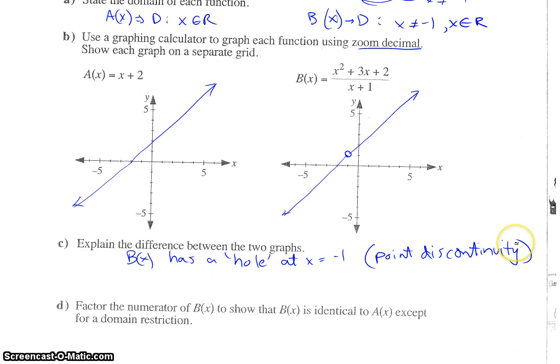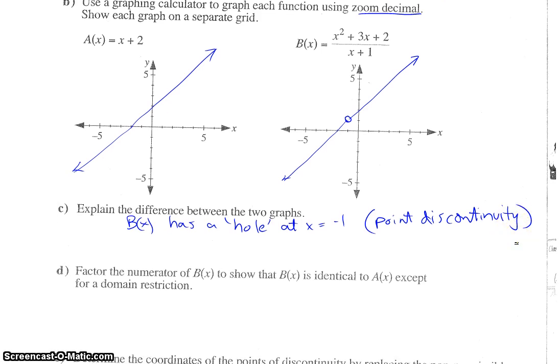Okay, now what we're going to do is factor the numerator of b of x to show that the two functions are actually the same except for a restriction on the domain. So if we take b of x, which is x squared plus 3x plus 2 over x plus 1, and we factor the numerator, nice quadratic function there, we get x times x, it multiplies to 2, so 2 and 1, both positive to add to a positive 3.